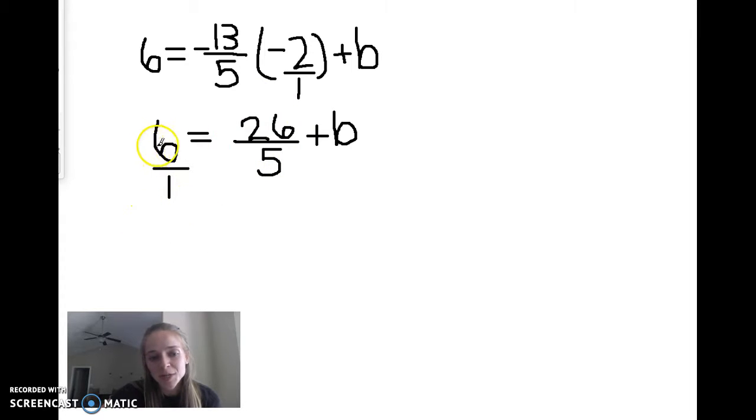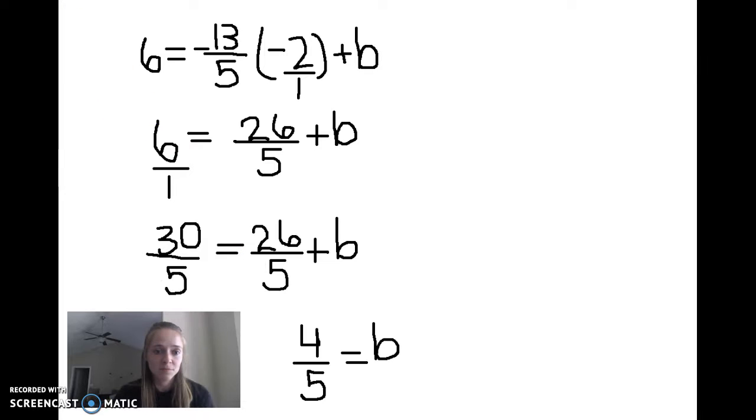I'm going to write it as 6 over 1 so that it has a denominator to begin with, and then if you multiply the top and the bottom of that fraction by 5, you get 30/5, which is the same as 6. So now I can subtract that 26/5 from both sides. 30/5 minus 26/5 is 4/5, which means b is 4/5. Now this is exactly what we were looking for.